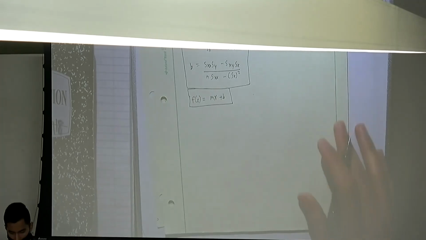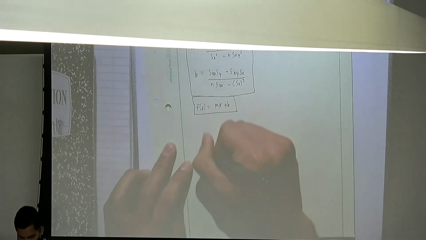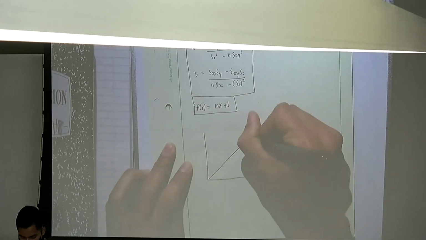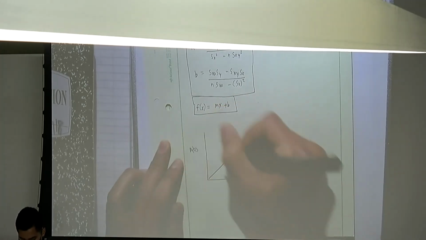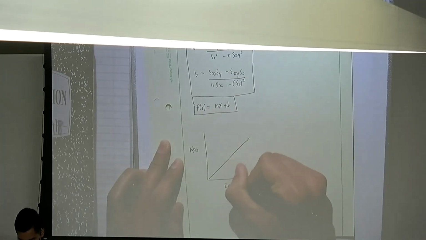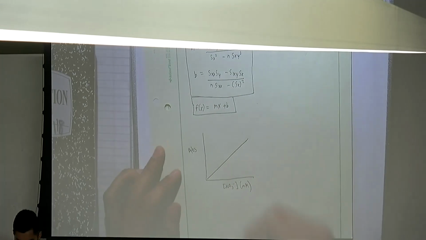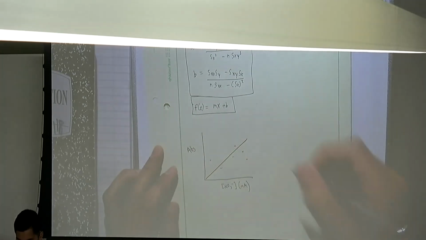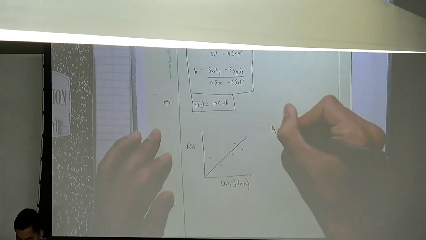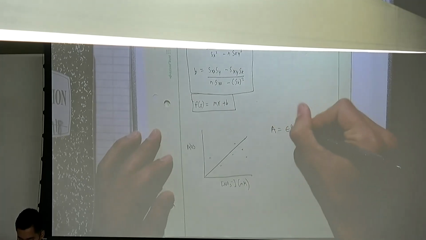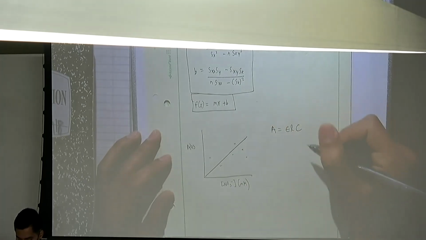Okay. So we plotted the data. We have absorbance as a function of nitrate concentration, right? And then here's the data. So we said that absorbance is equal to epsilon path length times concentration.